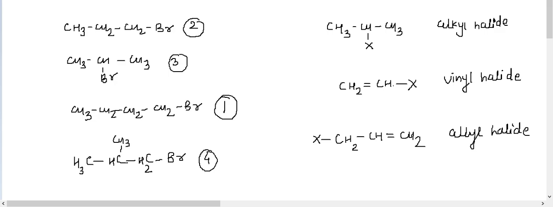Remember, when a halogen is directly attached to an sp2 hybridized carbon atom of an alkene, it is called a vinyl halide. When a halogen is attached to an sp3 carbon placed next to a carbon-carbon double bond, it is called an allyl halide. And alkyl halide simply means we replace one hydrogen of any alkane by a halide.